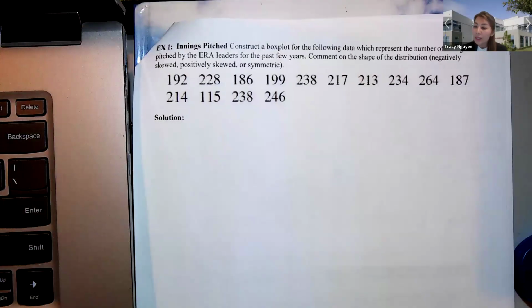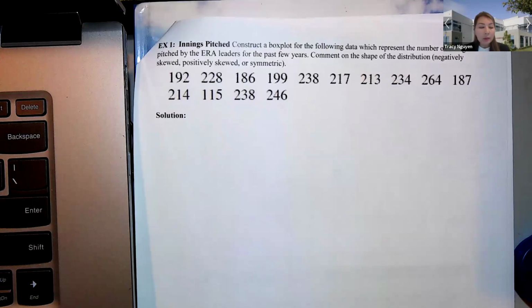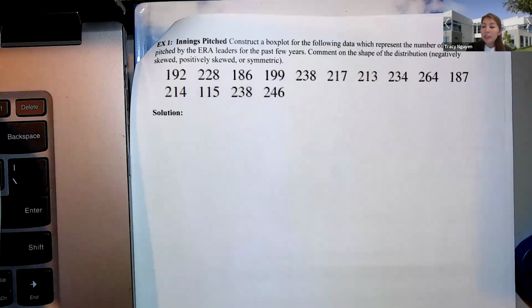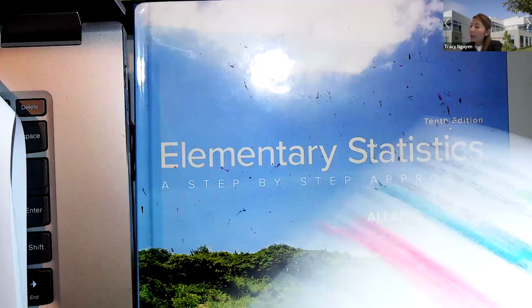Let's take a look at what I have here for example 1. Construct a box plot for the following data, which represent the number of pitches by the ERA leaders for the past few years. Comment on the shape of the distribution, whether it's negatively skewed, positively skewed, or symmetric. So let's take a look at the box plot first, and I'm going to show you how we actually comment on the distribution. What you notice here is that this data is the same data that we did in section 3.3.